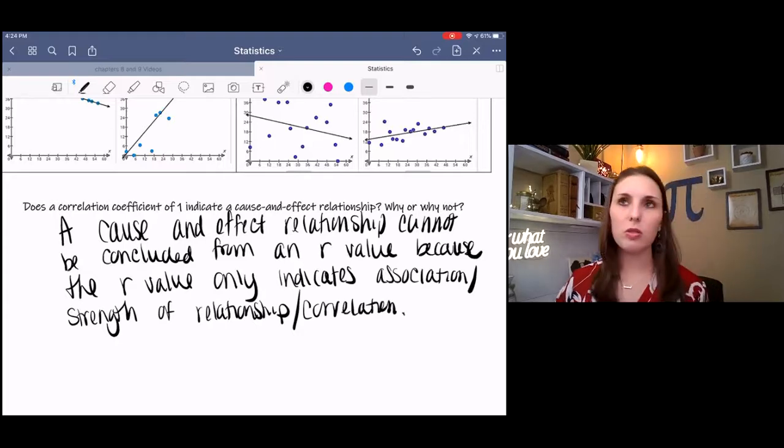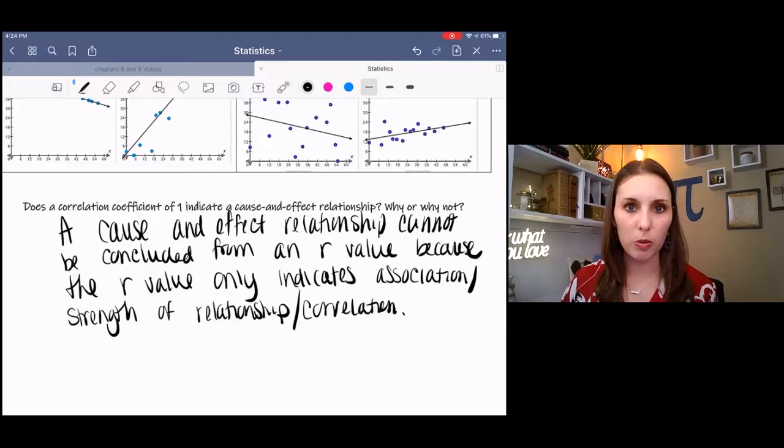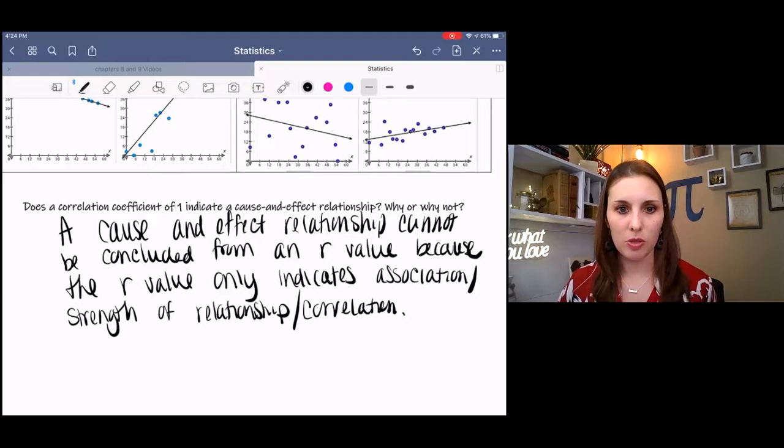There could be the possibility of too many confounding variables to conclude cause and effect. We can't see that from a statistical study.